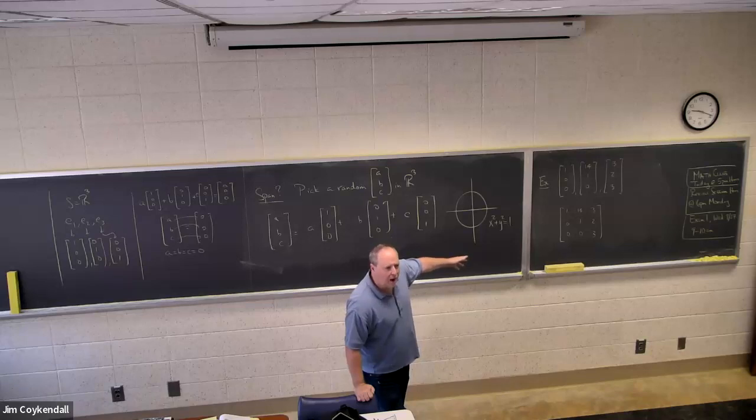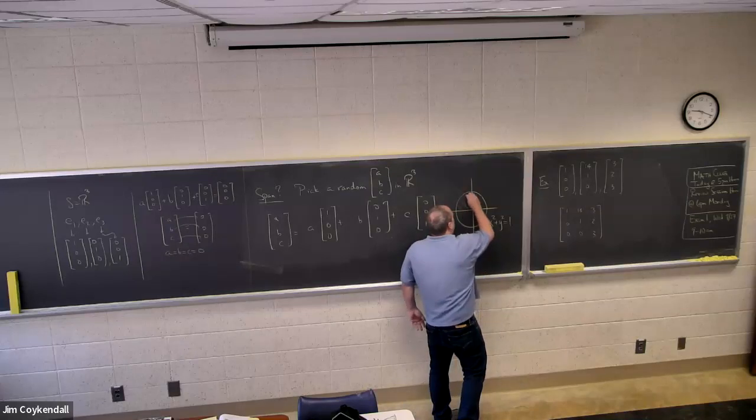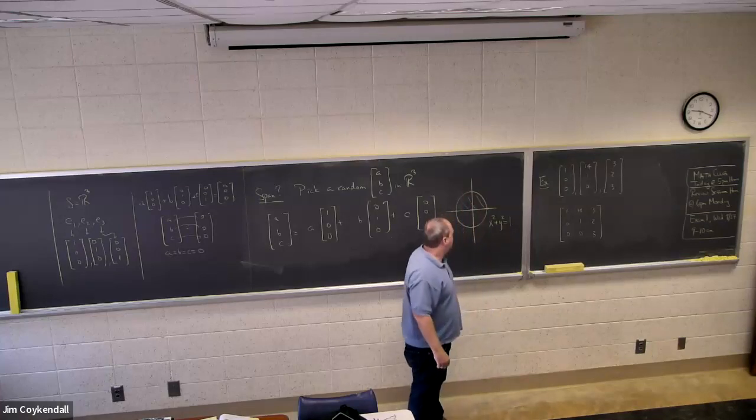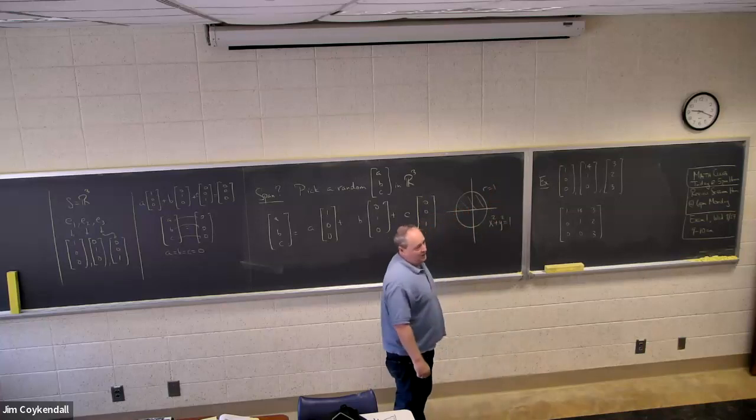The first problem is this isn't even a function, right? So you've got to solve for y. y is the square root of 1 minus x squared. You've got to isolate the upper half because that's the function part. You do some crazy integral, then you double it, right? Does anybody know what the equation of this is in polar coordinates? r equals 1. This is easy to integrate, right?